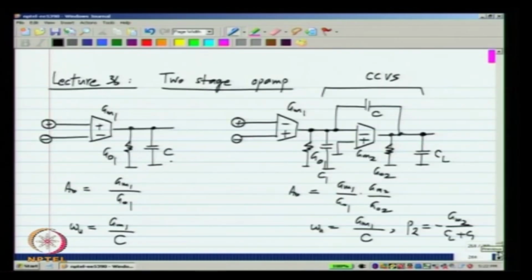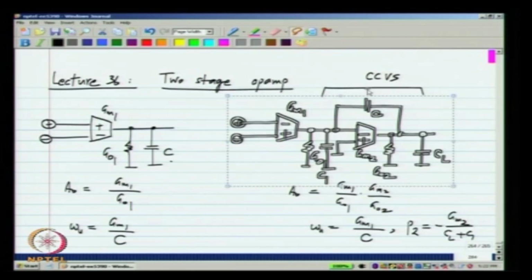Now, we already know the small signal parameters of such a topology. Let me put this down again.